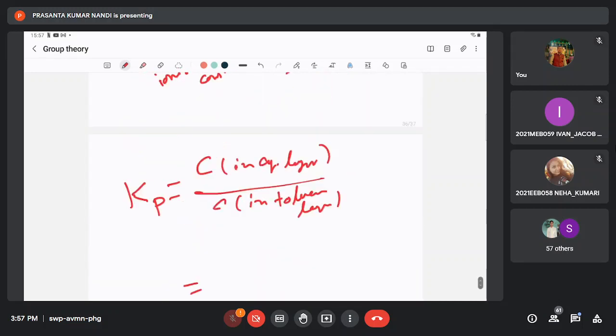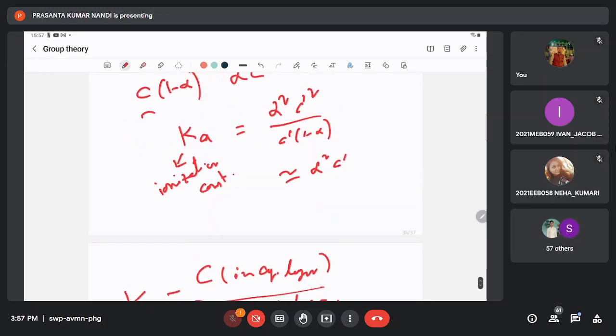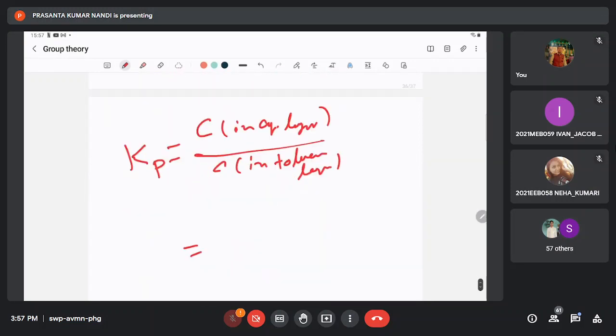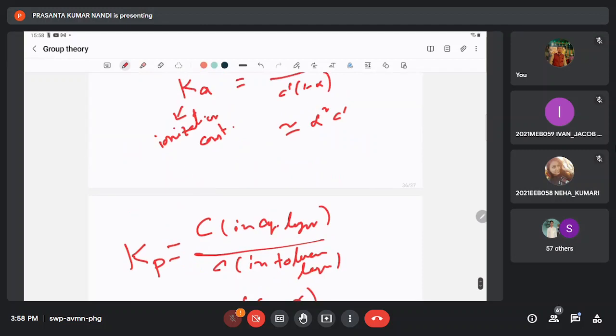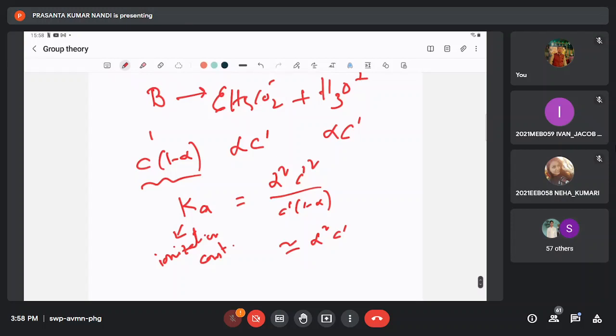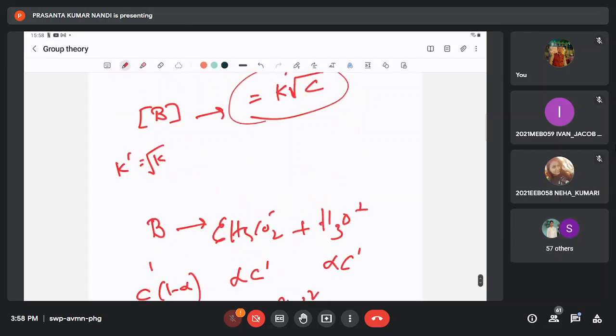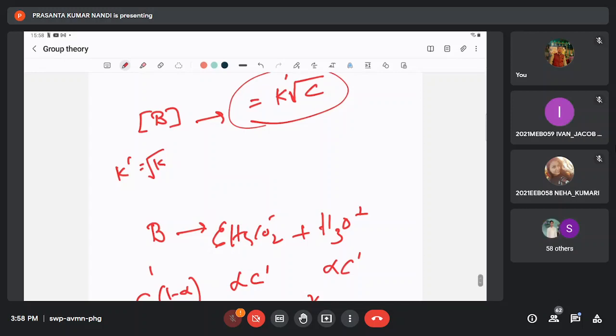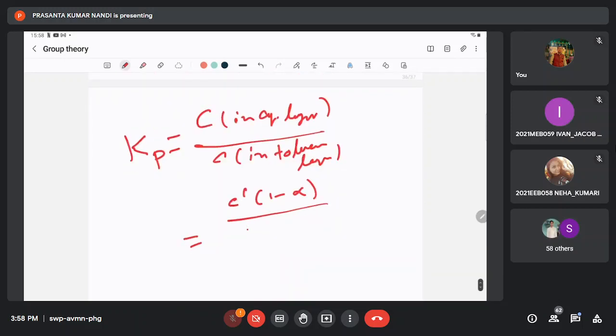One can write simply C prime (1 minus alpha) by, you can write in the reverse way because the square root appears like this. So C prime into (1 minus alpha), and in the denominator, the monomer concentration here, root over K prime square root of C.